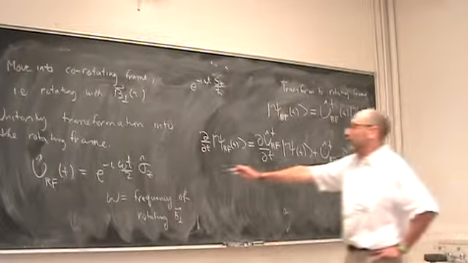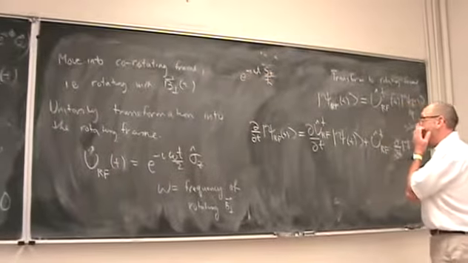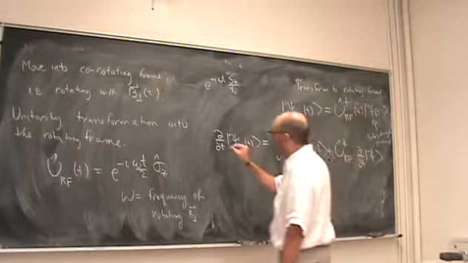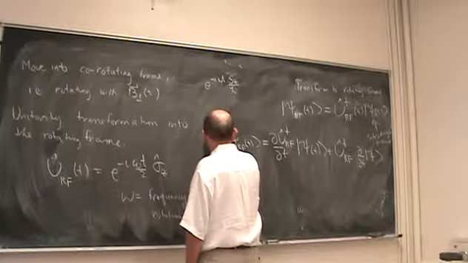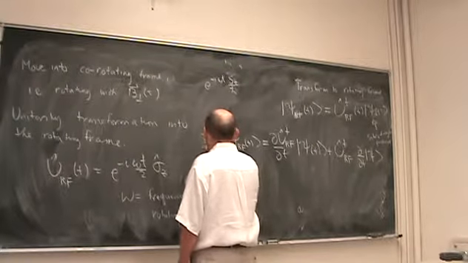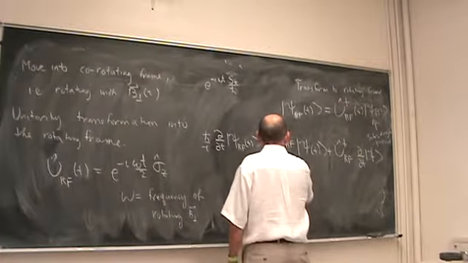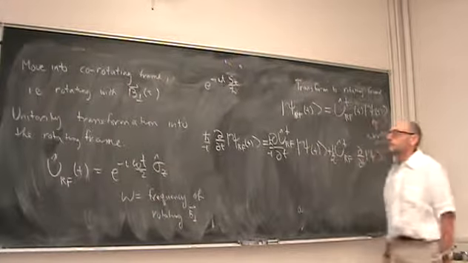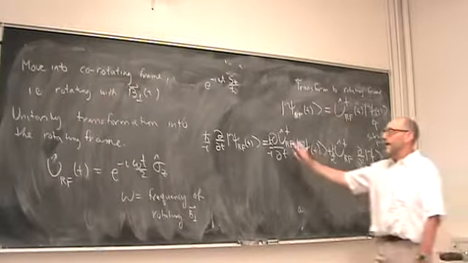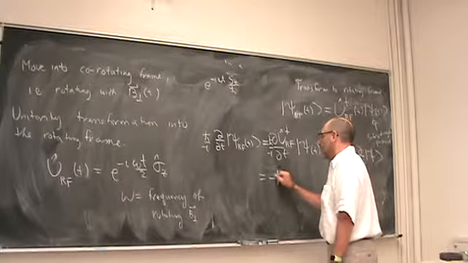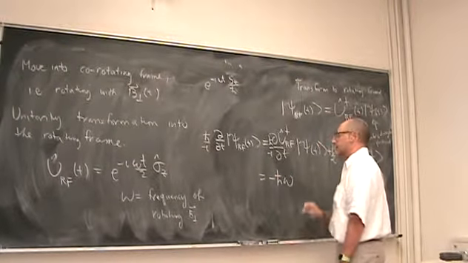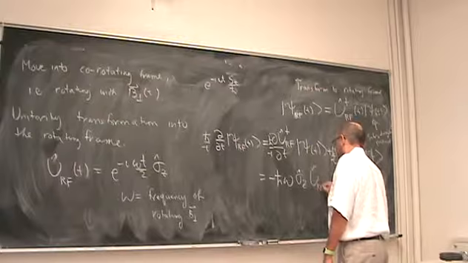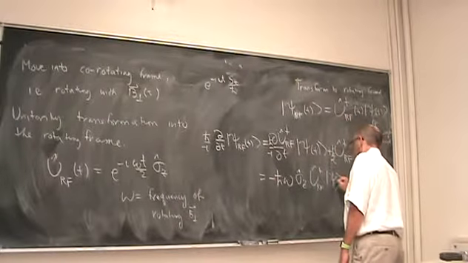This is given over here. Let me multiply by h bar over i, because it makes it easier to see what's going on. Taking that derivative, I get minus h bar omega sigma z, u rotating frame dagger on psi.